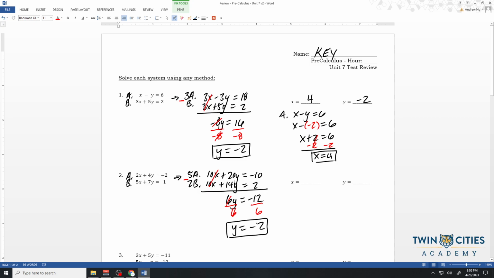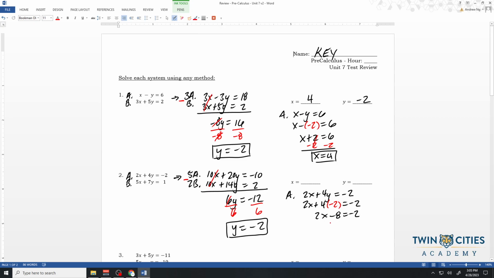Now we'll take this and plug this into either A or B. Let's try A again. So that'll be 2x plus 4y is equal to negative 2. Y is negative 2, so 2x plus 4 times negative 2 equals negative 2. 2x minus 8 equals negative 2.